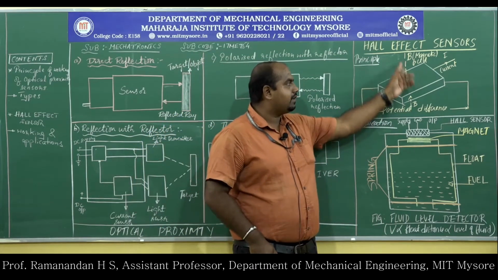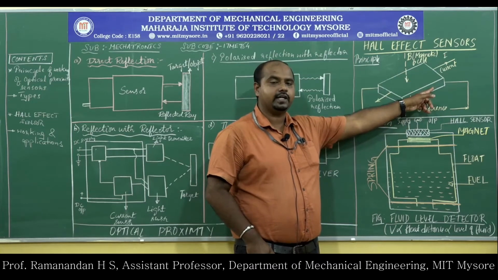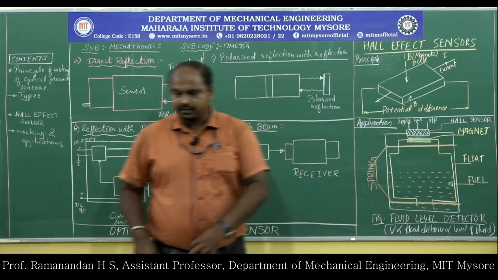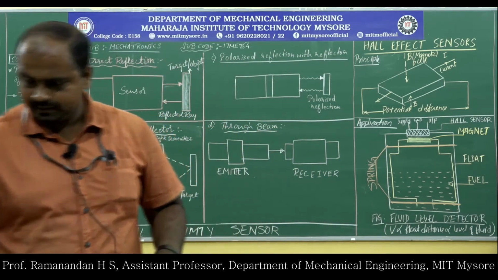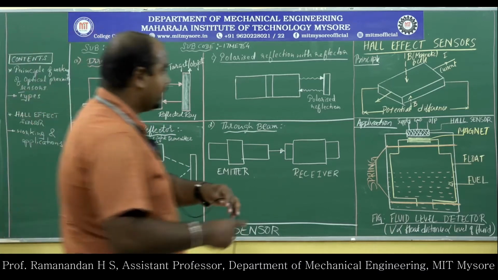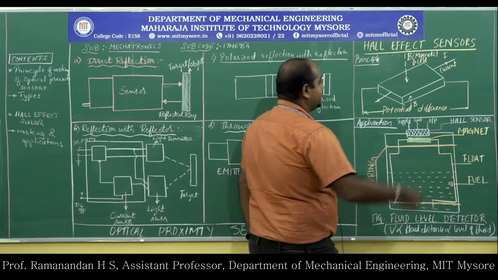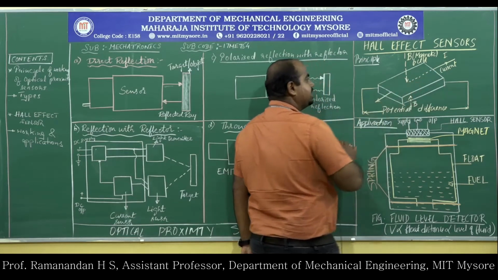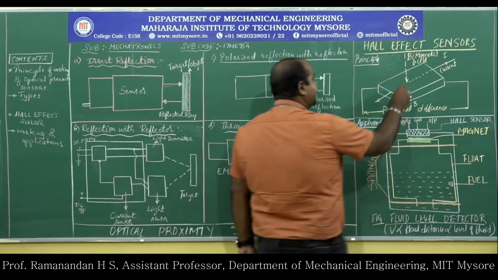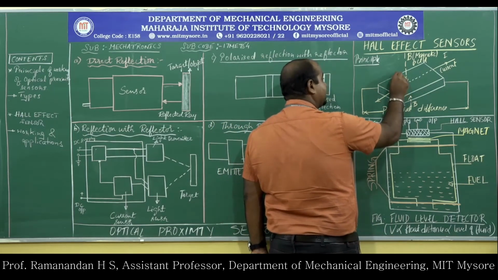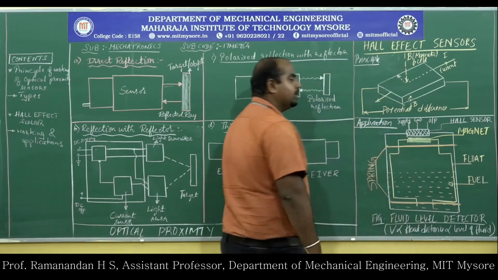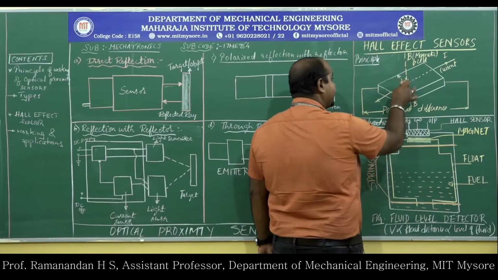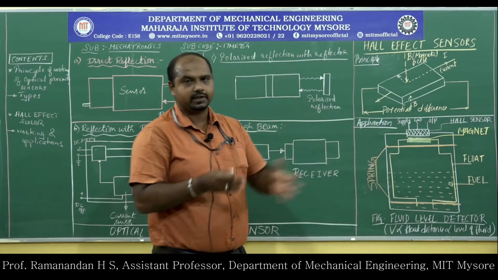Whenever you bring a magnetic field to the current carrying conductor, what happens? There will be deflection of path of charged particles. If our current particles are traveling in this direction, the deflection of path of charged particles is perpendicular to the magnetic field, to one direction.